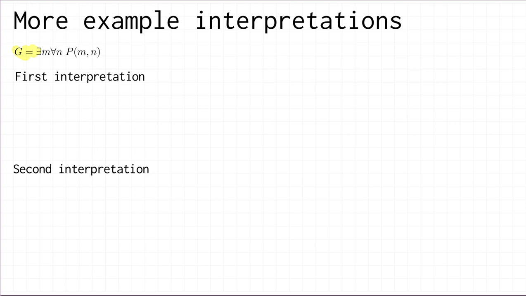So let's begin with, again, let's take our interpretation's domain to be the natural numbers, so all of the non-negative whole numbers. And this time we're going to take the relation p to be that p of mn is m being greater than or equal to n.